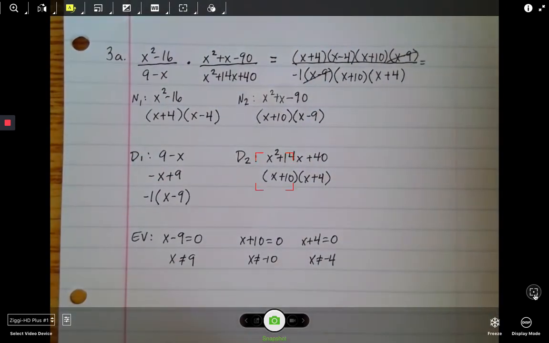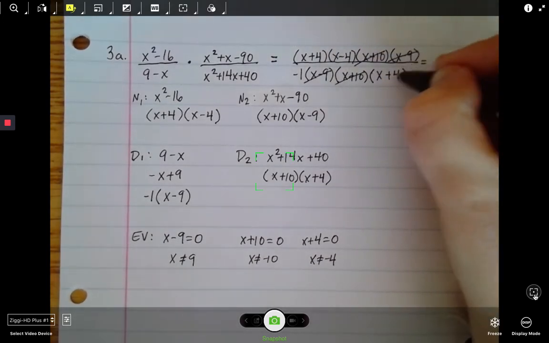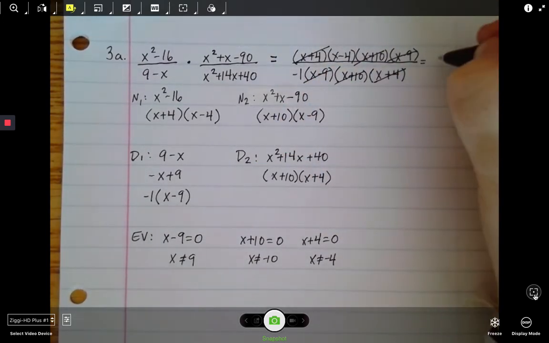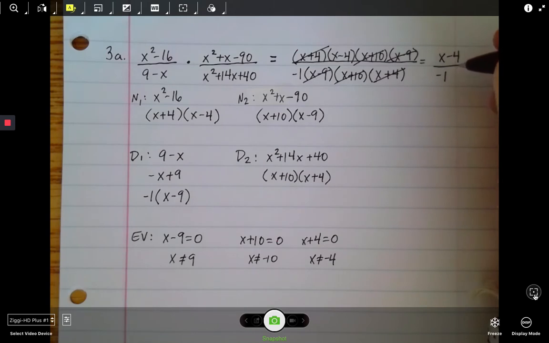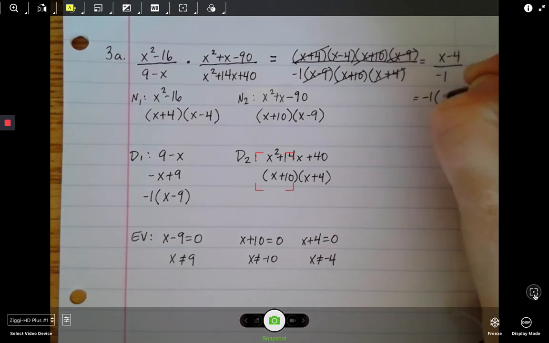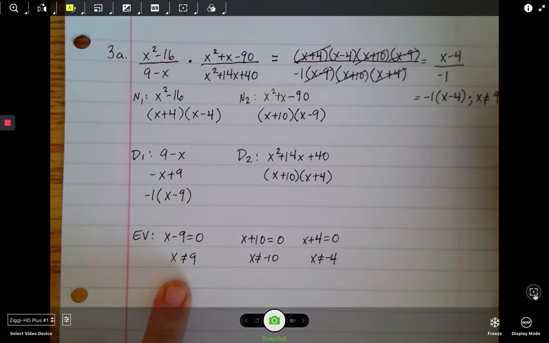Anything else do y'all see can cancel out? x plus 10 and x plus 4. So that leaves me with x minus 4 divided by negative 1, which is going to be negative 1 times x minus 4, where x cannot equal, come back to my excluded values, 9, negative 10, or negative 4.